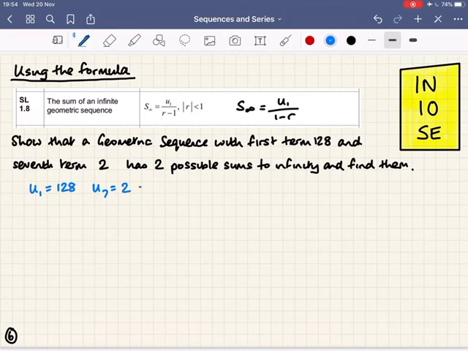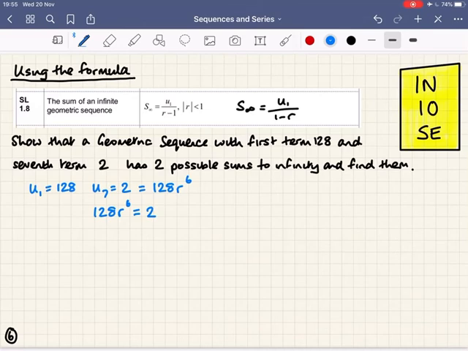So let's write down another expression. u7 equals 2, and u7 is calculated by multiplying u1, which is 128, by r to the 6th. So we know that 128 r to the 6th is equal to 2.